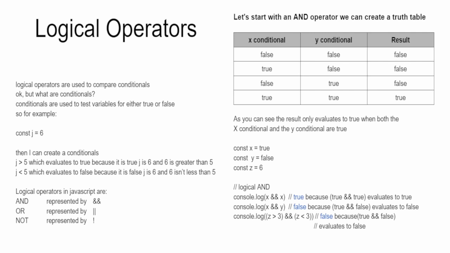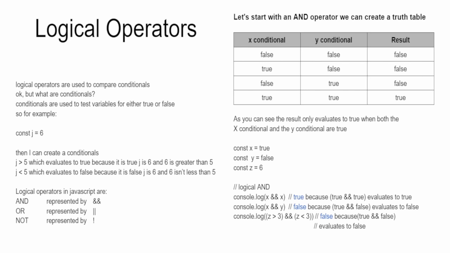Logical operators are AND represented by two ampersands, OR represented by two vertical lines, and NOT represented by an exclamation mark. Let's start with an AND operator.